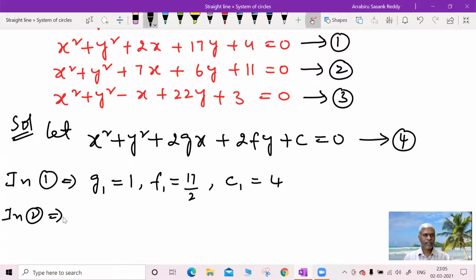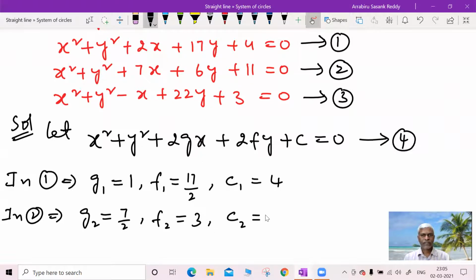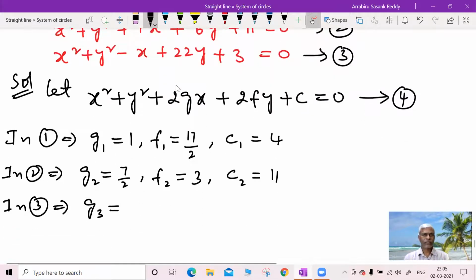In second circle, G2, half of the x coefficient, that is 7 by 2. F2, 6 by 2. C2 is 11. So in third circle, that is G3 value, half of the x coefficient, minus 1 by 2.